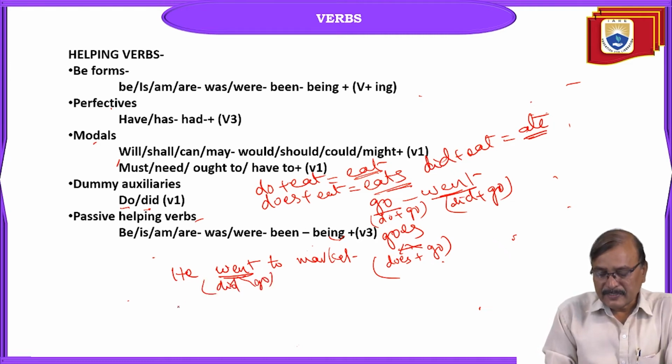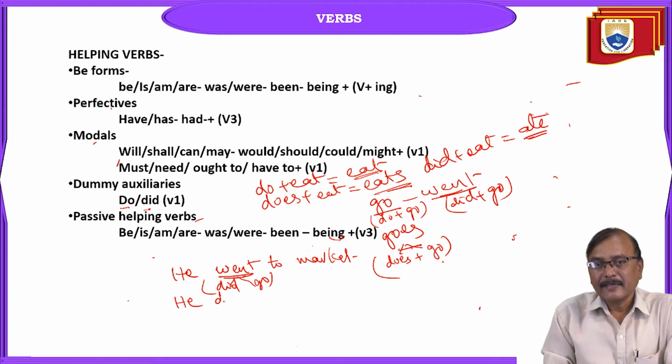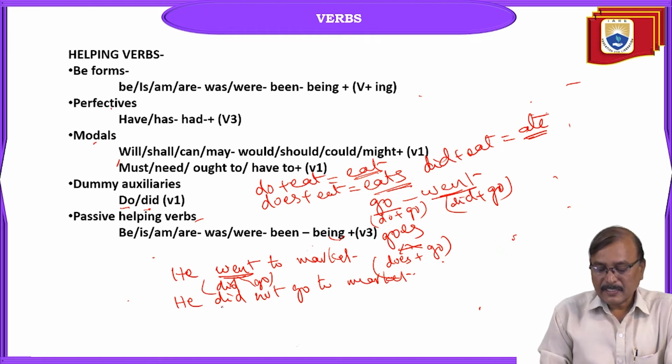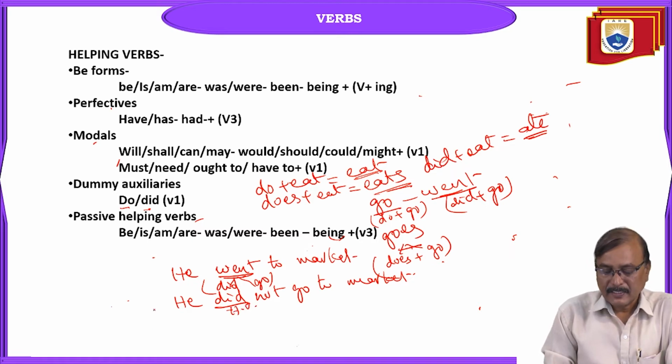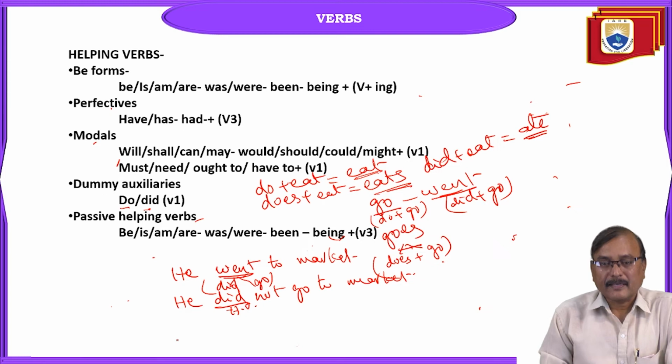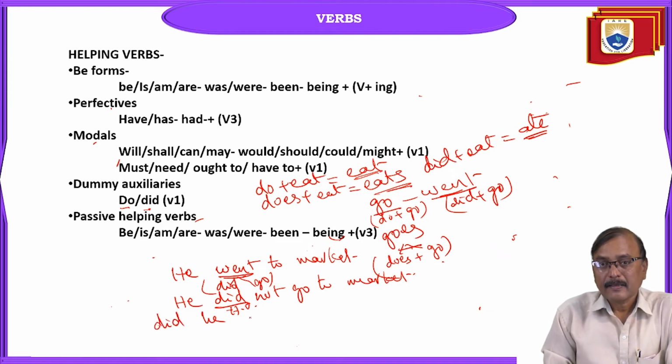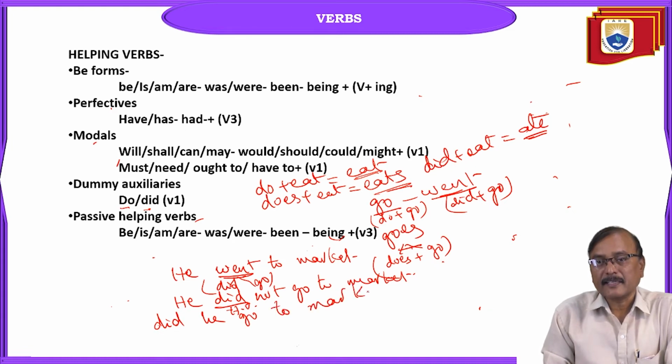In the negative sentence, we have to say, he did not go to market. In the question also, we have to bring this helping verb before the subject. Did he go to market? This is a question.